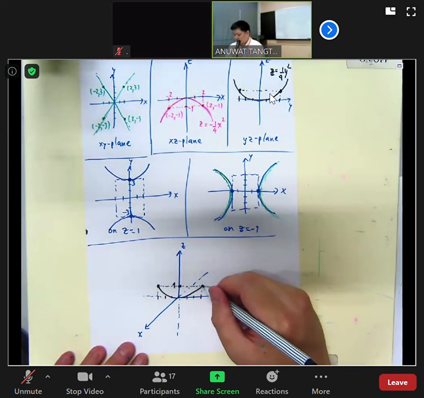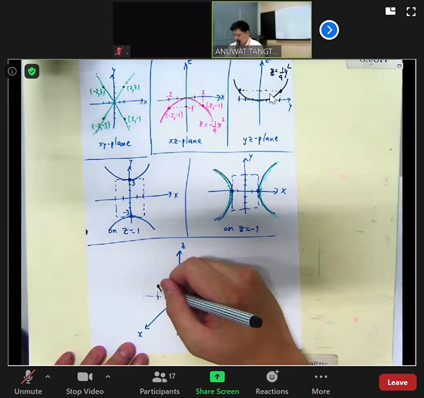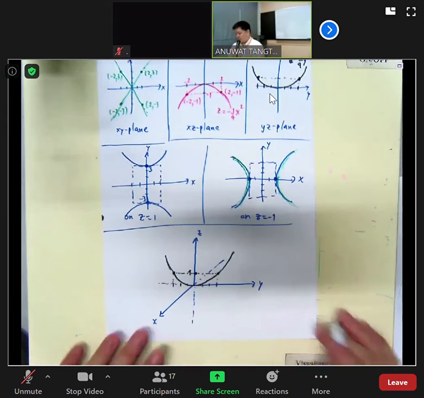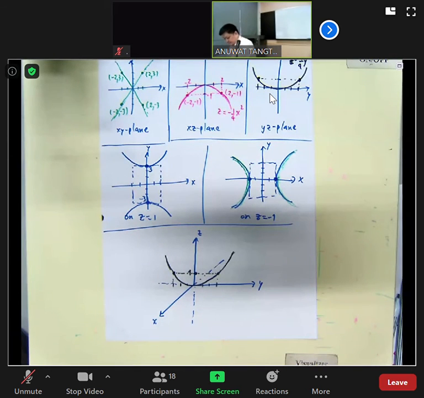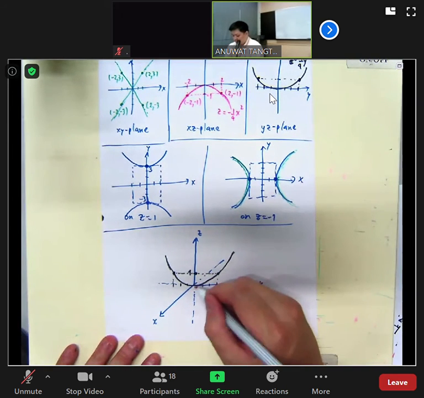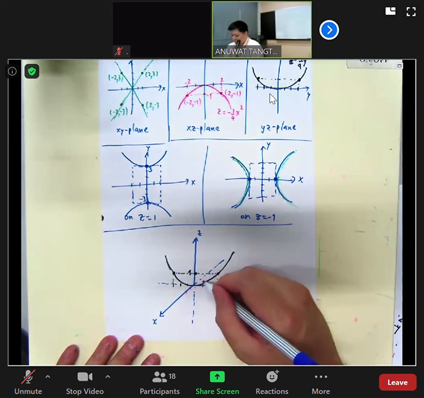Okay. And on the xz plane, x equal to 2, 1, 2.